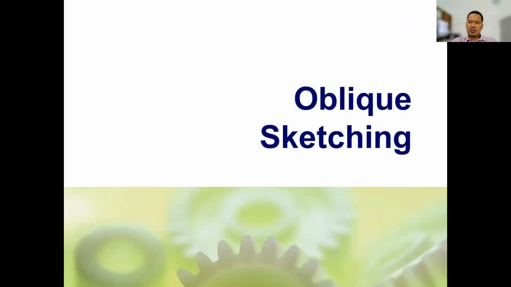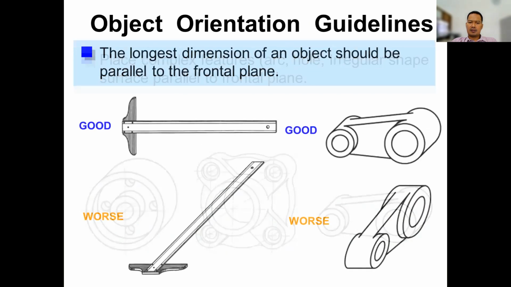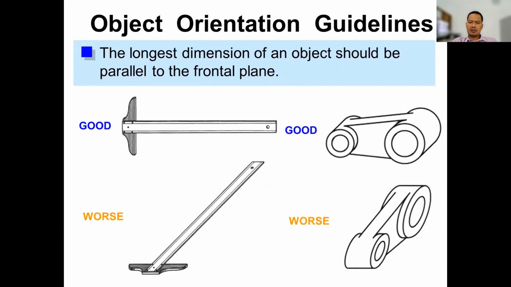And then about oblique sketching, object orientation guidelines: place the complex features, for example, arc, hole, irregular shape, on a surface parallel to the frontal plane. For example, the longest dimension of an object should be parallel to the frontal plane.